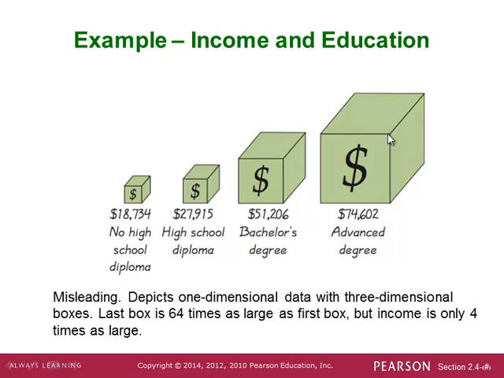So this is kind of a disconnect between this number and this number. This number here, the 74,602, is only 45.7% larger than this number. But this three-dimensional block is over 3 times the size of this three-dimensional block.